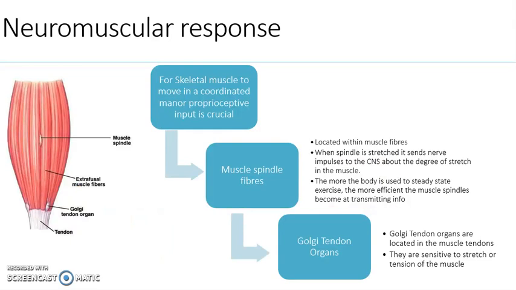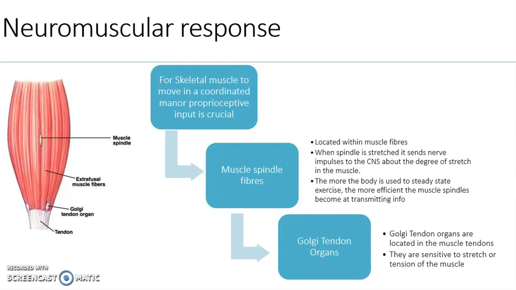So now we're going to talk about neuromuscular response. To allow for coordinated movement patterns of the muscles, Golgi tendons and muscle spindles provide sensory information about the intensity of exercise. Muscle spindles are sensory motor organs located within the skeletal muscle.